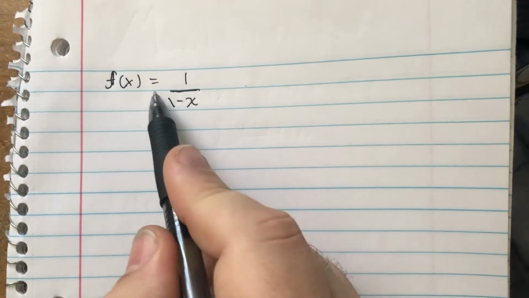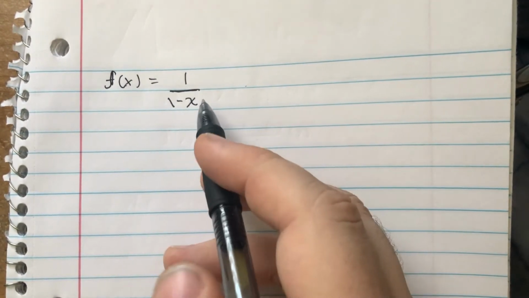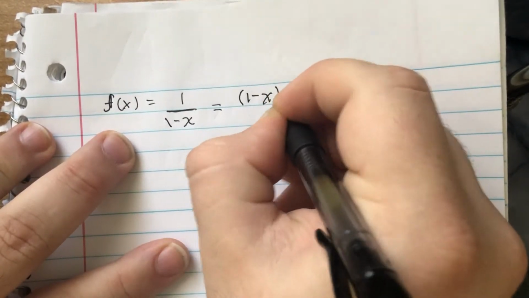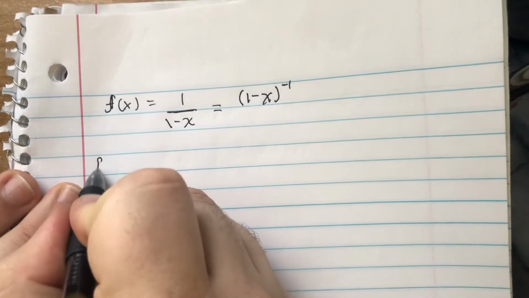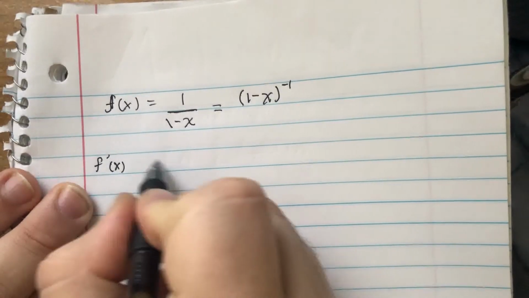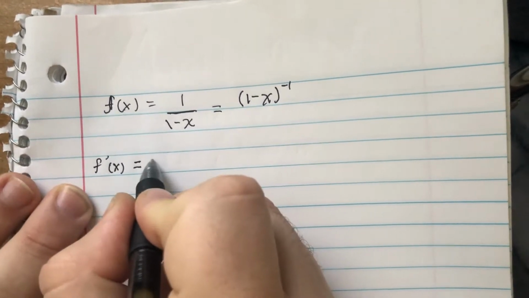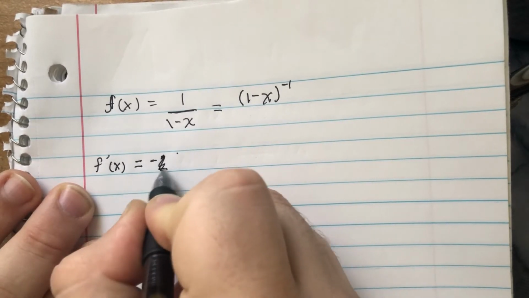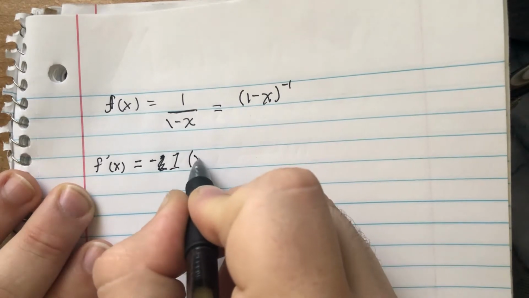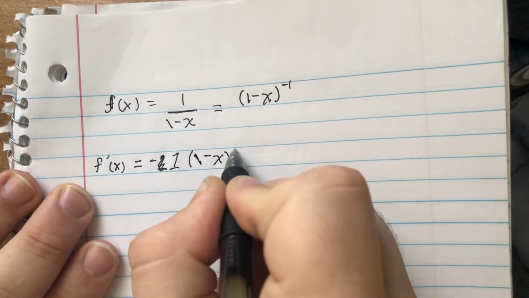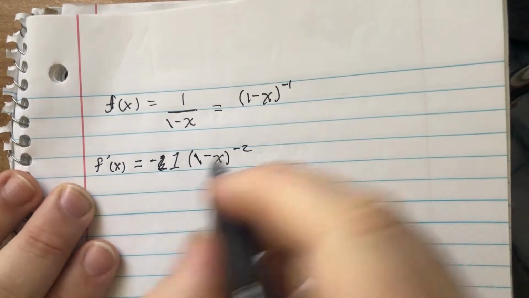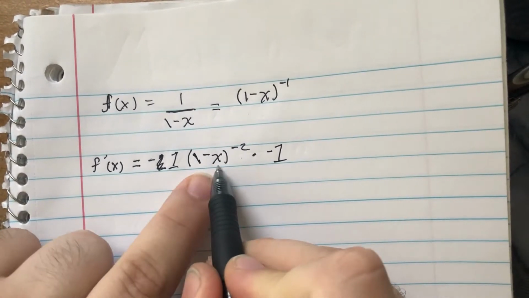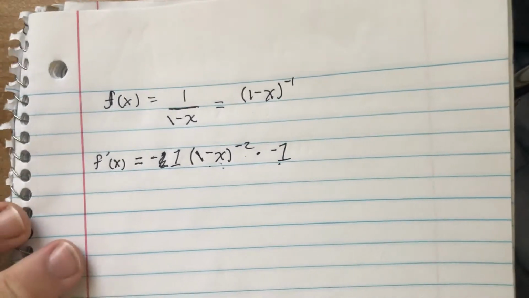So here we have f of x is equal to 1 over 1 minus x, which is equal to 1 minus x to the negative 1. So that makes f prime of x equal to negative 1 times 1 minus x to the negative 2 times negative 1, right? So it's the outside, and the inside is 1 minus x, whose derivative is negative 1.